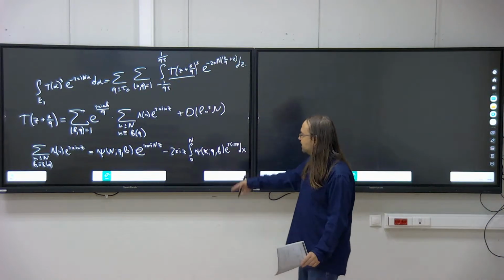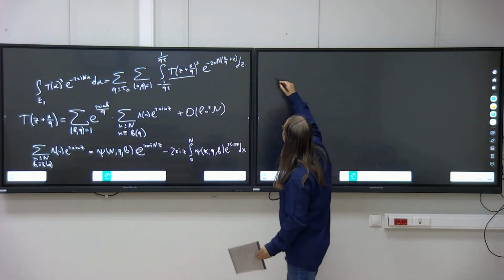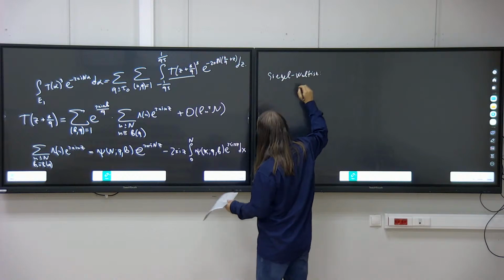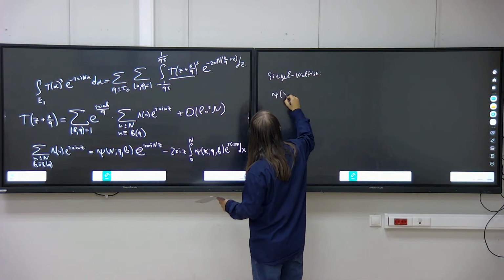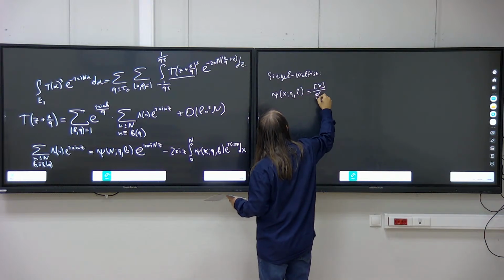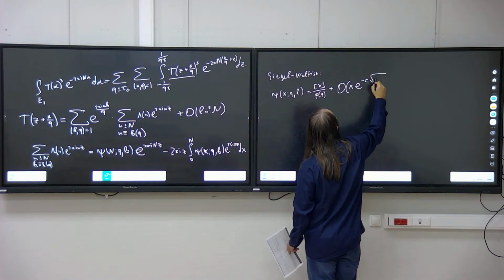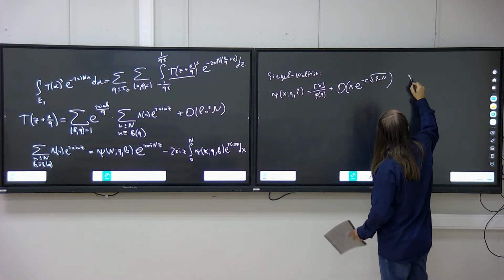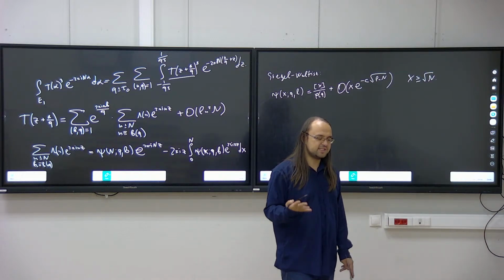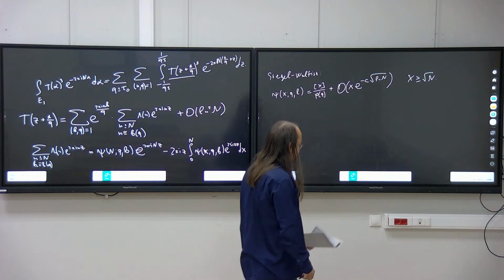Okay? So for this function, we have a formula from the Siegel-Walfisz theorem. Siegel-Walfisz gives you that psi of x, q, b is equal to the integer part of x divided by phi of q, plus big O of x e to the minus c square root of log N, if x is greater than or equal to square root of N. Here we used that q is at most a power of a logarithm.